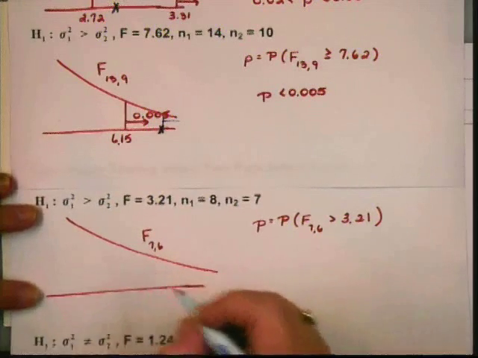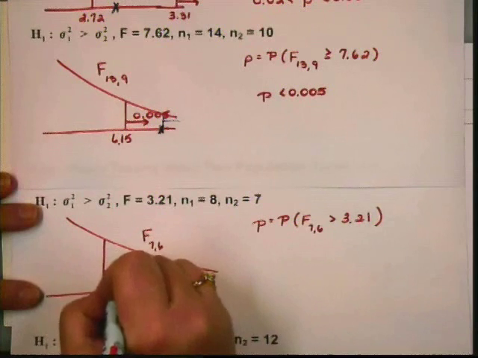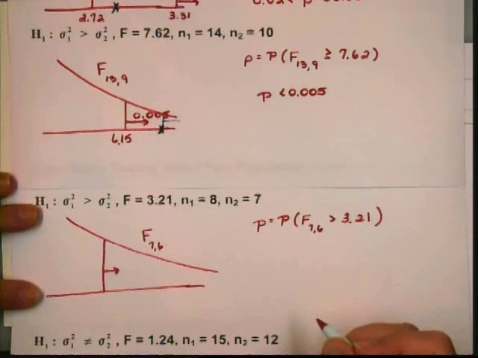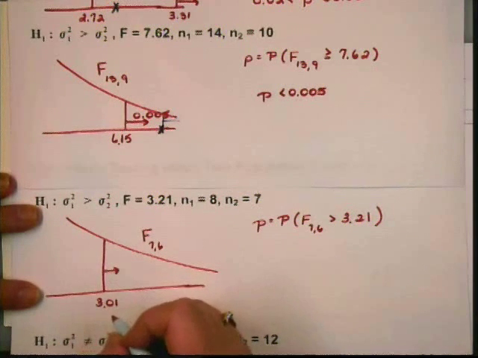So what we have here is what? .01, determining a right-hand area of what? 0.1.